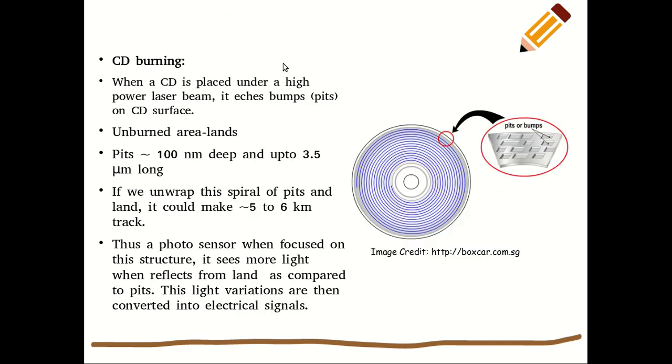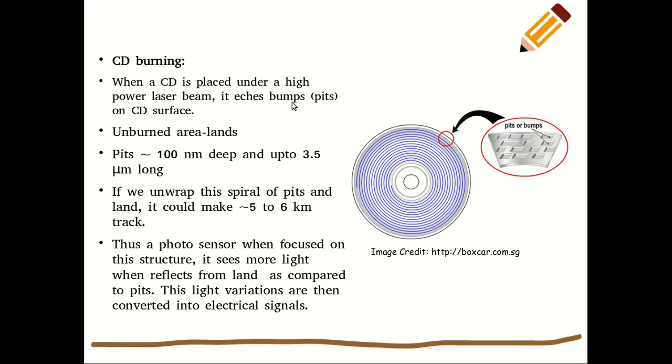Whenever we say that we are burning a CD, what is meant by CD burning? When we place a CD for the burning process, we actually place it under a high power laser beam, which etches bumps on the CD depending on the information.